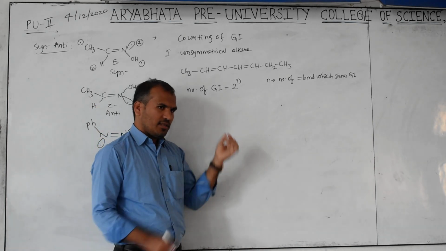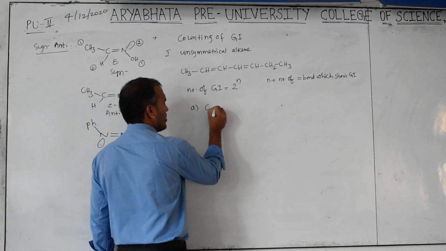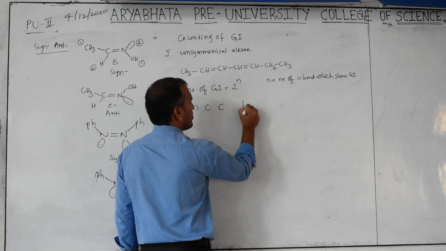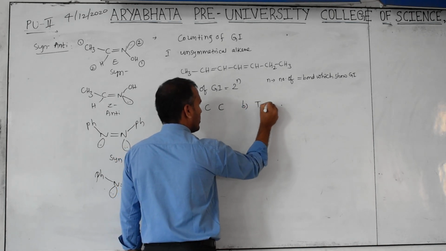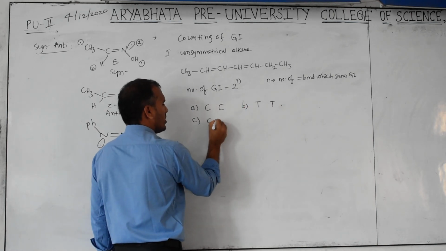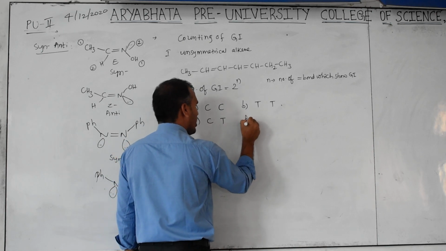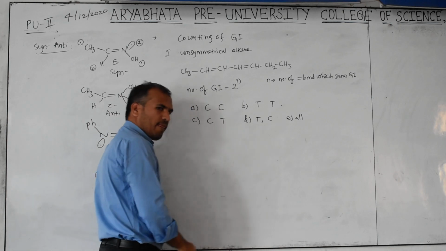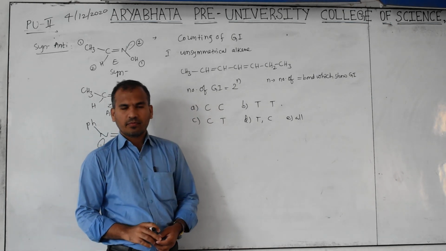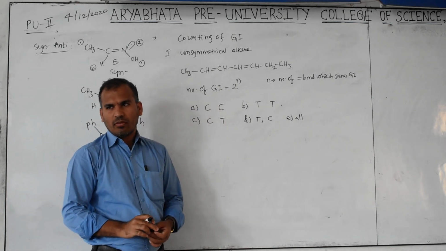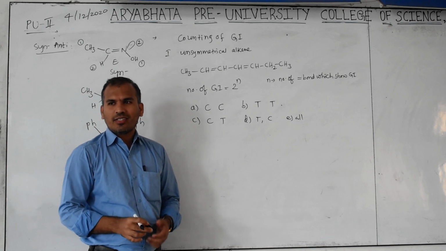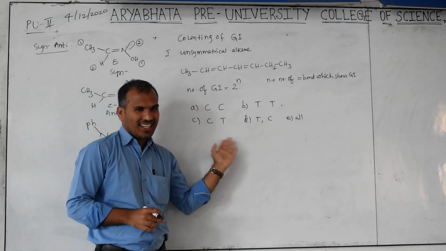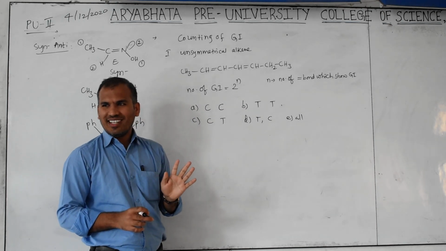All are correct, because based on this formula, how many did you get? That 4 is the answer.